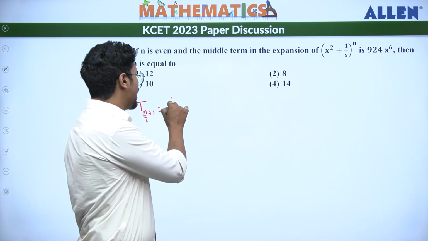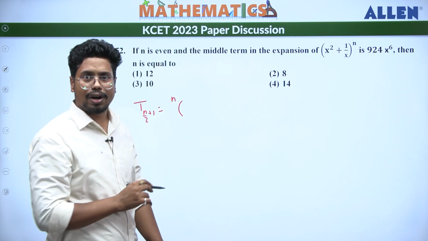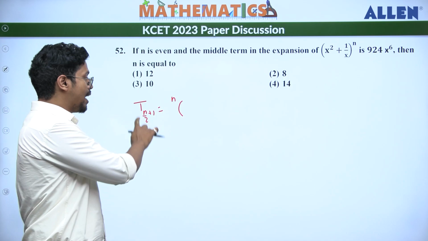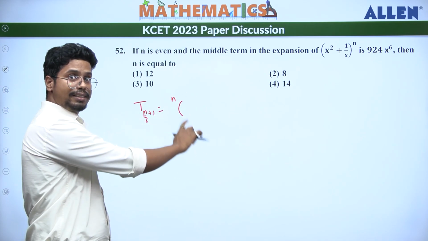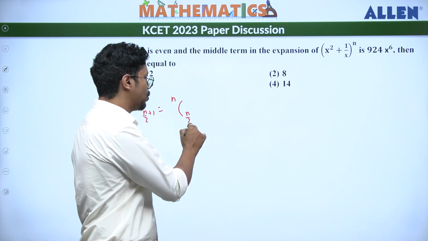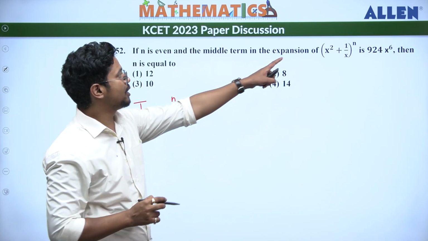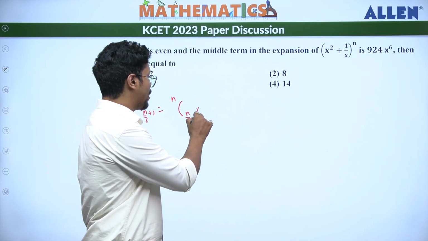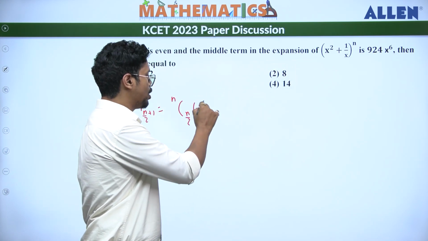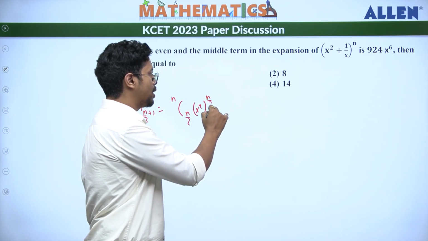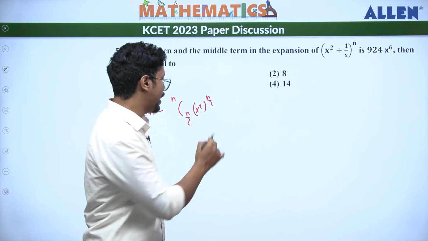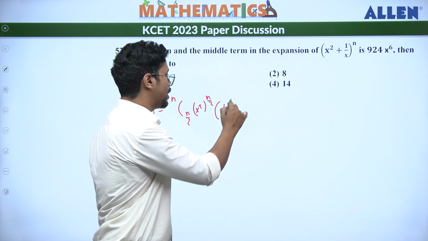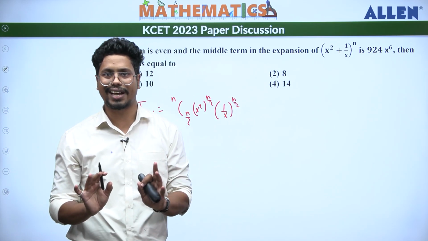The (r plus 1)th term is nCr. So nC(n by 2), first term x square to the power n minus n by 2, then the second term is 1 by x to the power n by 2. This is how we do it, right?